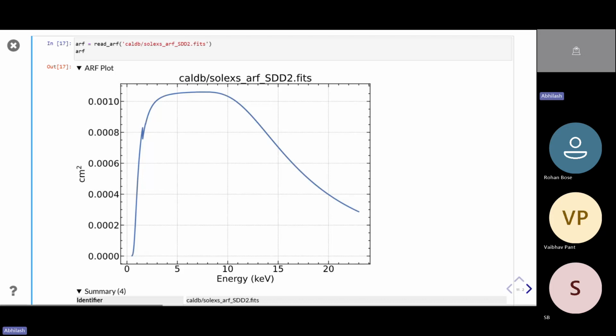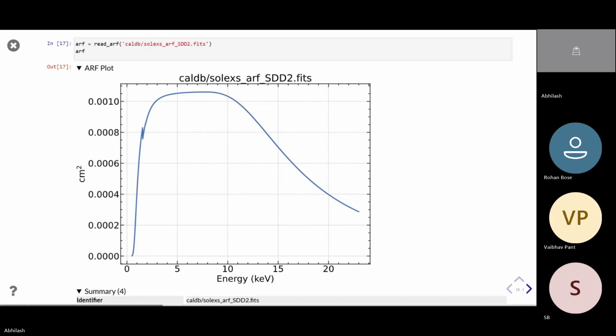Your efficiency drops to almost zero below 4 to 5 keV, and above around 10 keV it drops down again. So your instrument is almost 100% sensitive during this 5 to 10 keV range, but the sensitivity decreases as energy increases, or below some 1 to 2 keV. It is very efficient in this energy range.